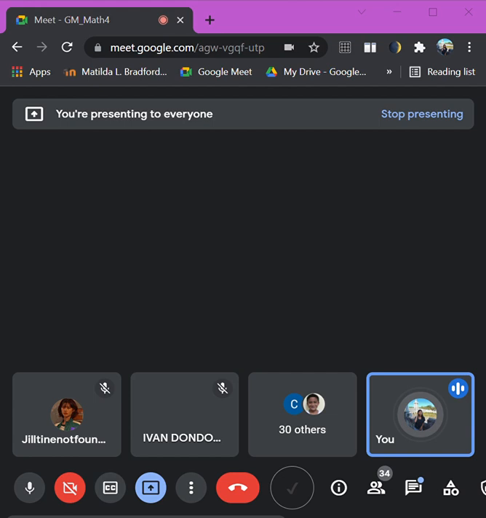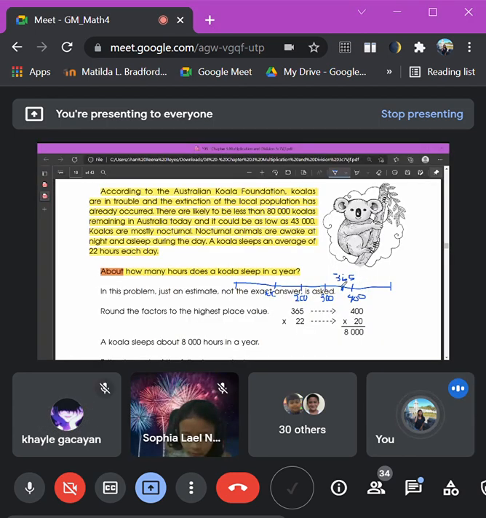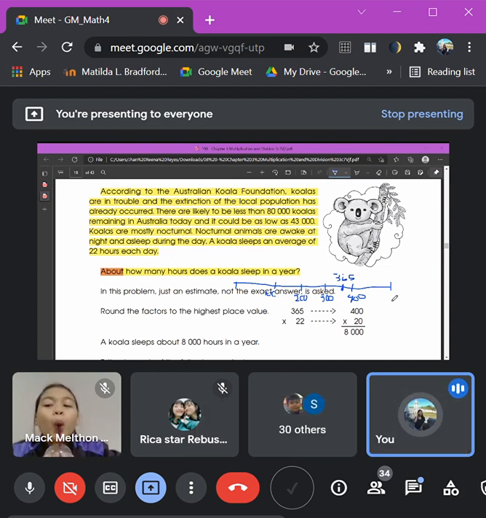For example, this is our 365. Is it closer to 300 or to 400? Okay, to 400. So that is what we meant by estimating. We are going to get the closest value to our given number.